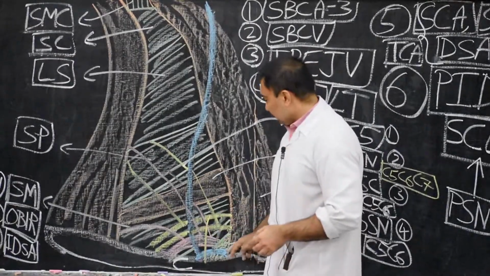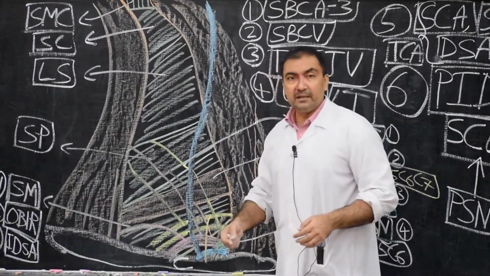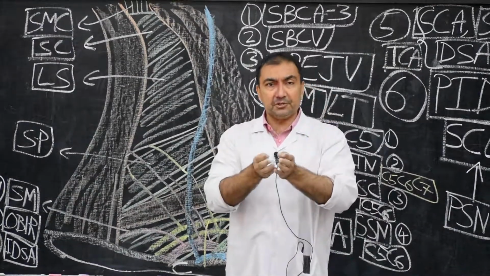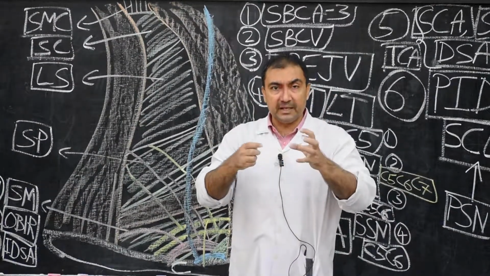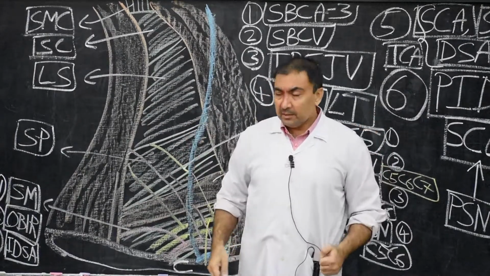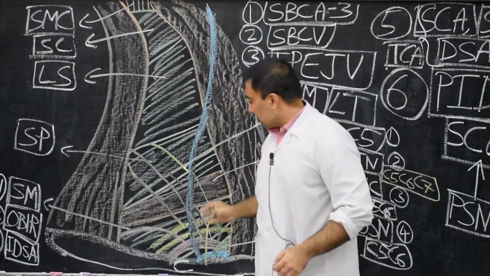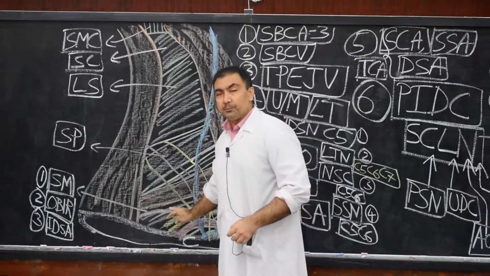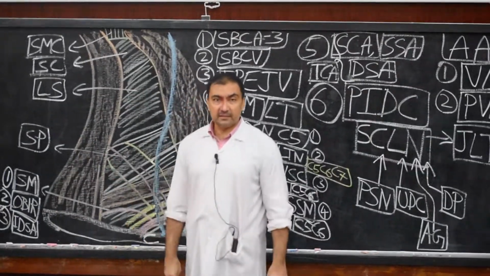The veins, the subclavian vein and axillary vein, are surrounded by loose areolar tissue because they need space to expand. So here we finish the entire contents of the supraclavicular triangle. Thank you very much.